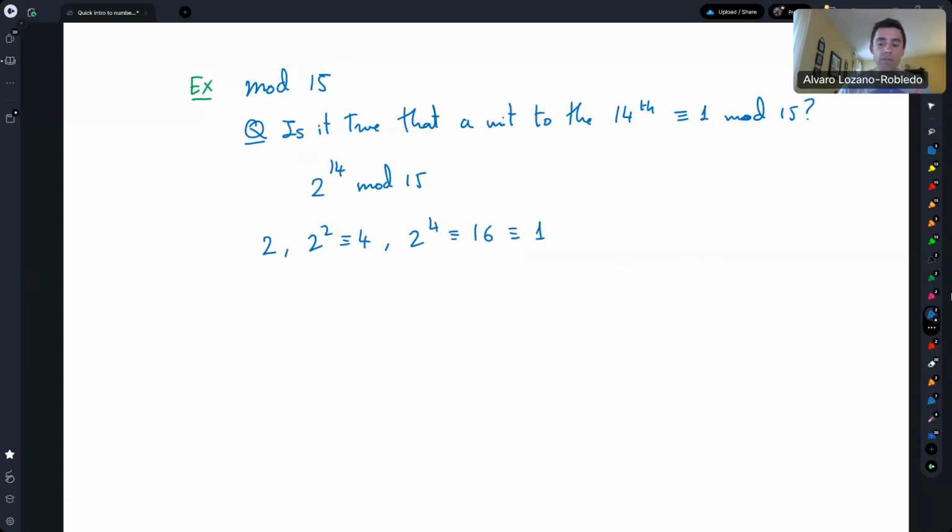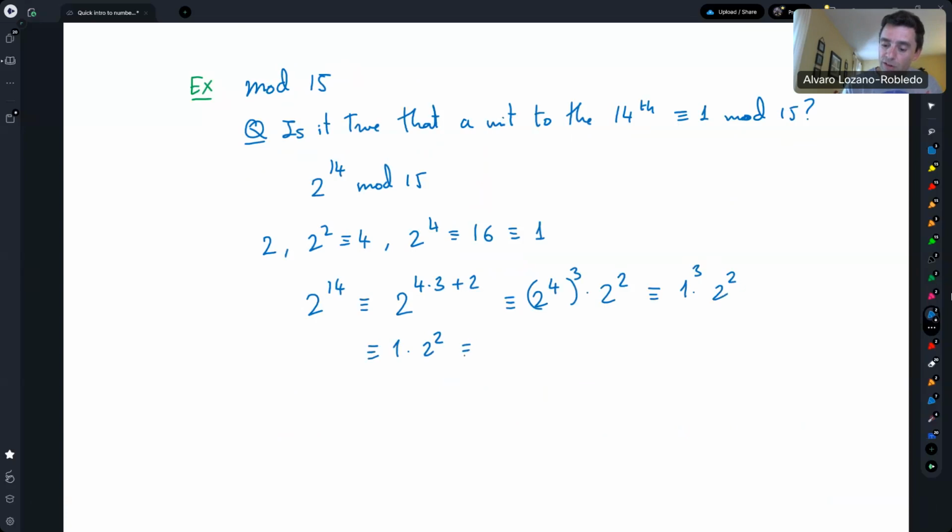Okay, that's very helpful because then for 2 to the 14, do long division by 4. That's 4 times 3, 12 plus 2. So this is 2 to the 4 to the 3 times 2 squared. So that is 1 to the 3 times 2 squared. So this is 1 times 2 squared, so this is 1 times 4, so this is just 4. But that's not 1.